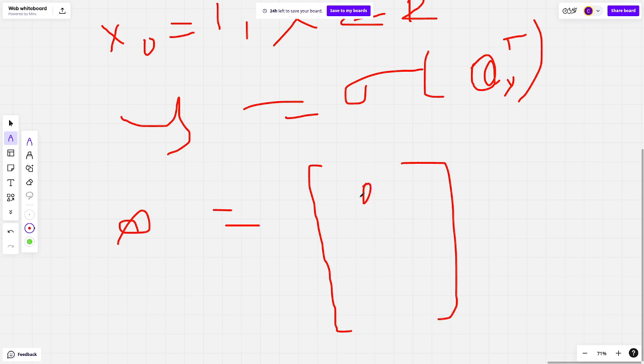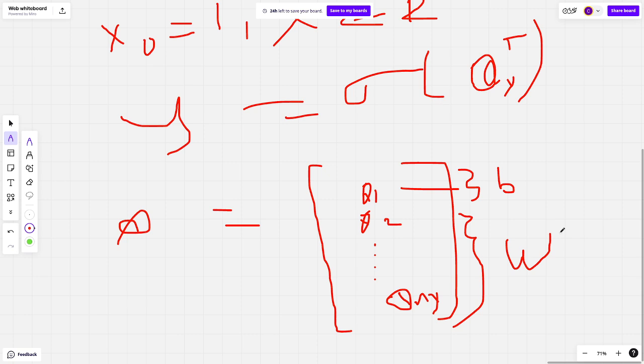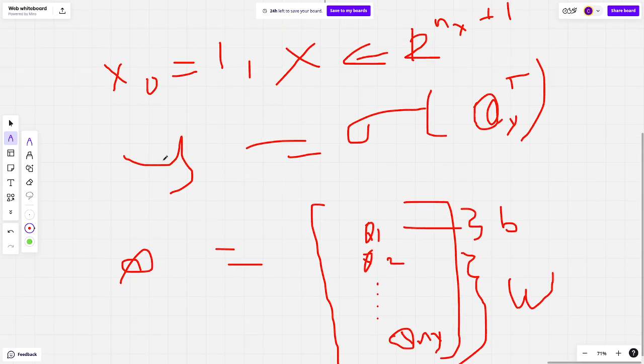It will look like this: theta 1, theta 2, up to theta nx. So this will be our B, the intercept, when we develop neural networks, and all these other things will be our W. It will be clear as we work on the neural networks and develop the whole code, so don't worry about this. We will not use the things written in red in our course right now.